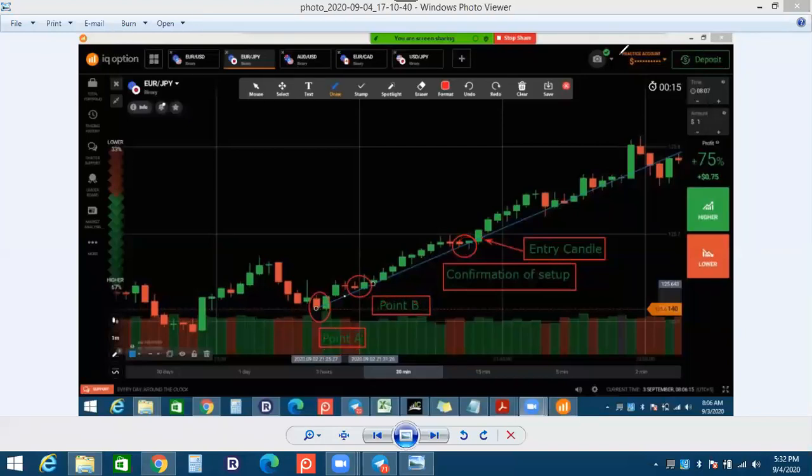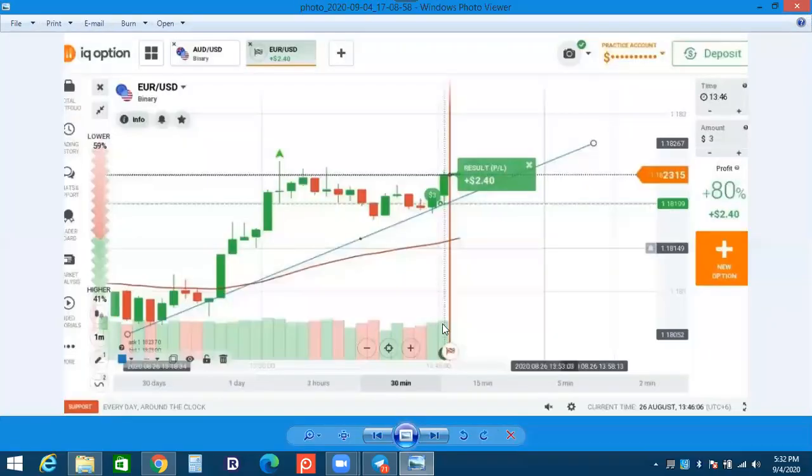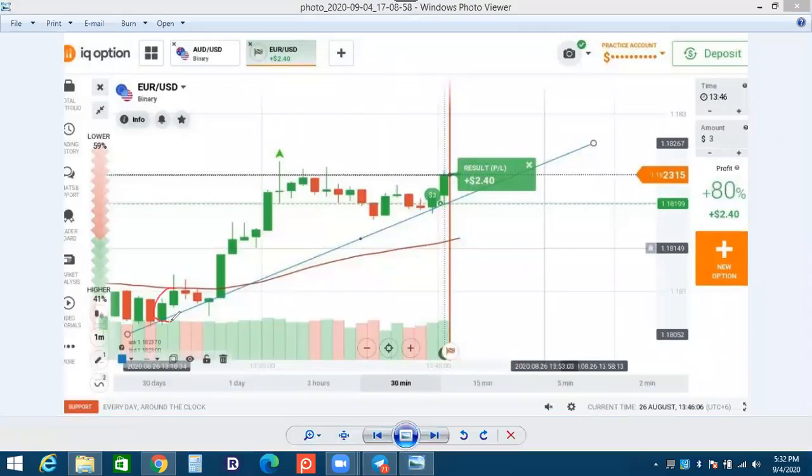Showing you some more setups. That is a buy setup. Look at here. So there are two green candles after a red candle. Again, I found the two green candles.